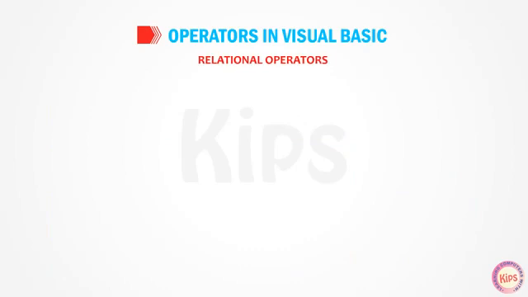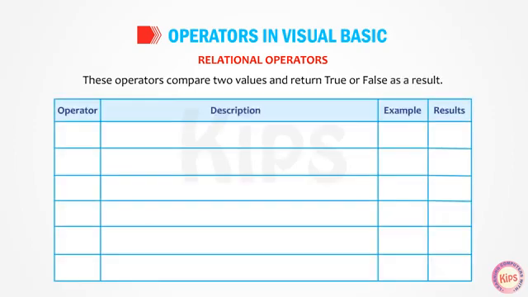Relational operators. These operators compare two values and return true or false as a result. Operator, description, example, result. Greater than checks whether a number is greater than the other number or not.